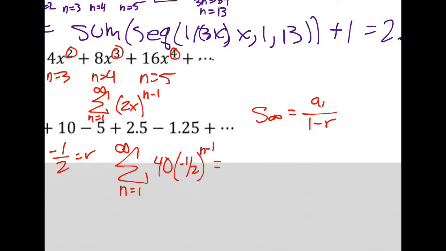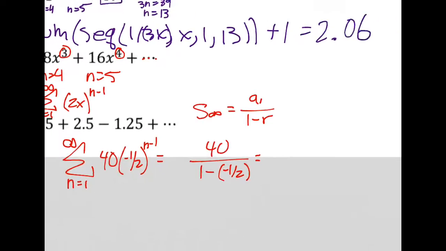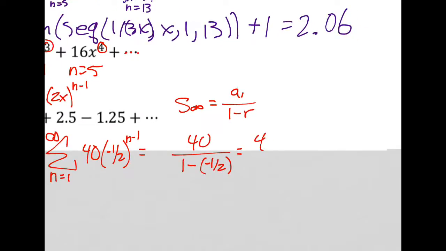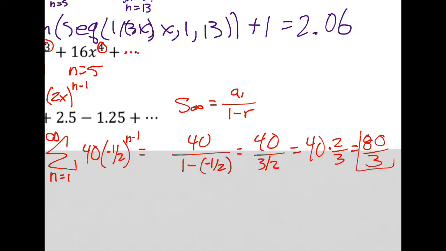And so I can take my first term, 40, divided by 1 minus my ratio, which is negative 1/2, and now I can simplify things. So 40 divided by 1 minus negative 1/2 is 1 plus 1/2, so 3 halves right there. And 40 divided by 3 halves is the same as 40 times 2/3, so I get 80 over 3 as that sum.